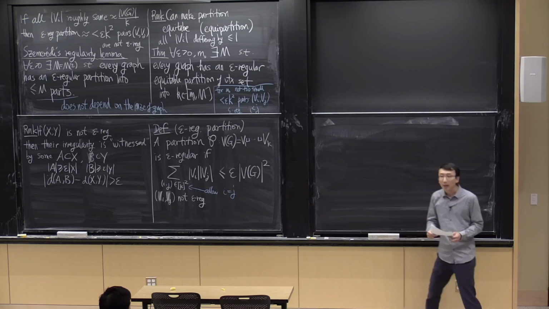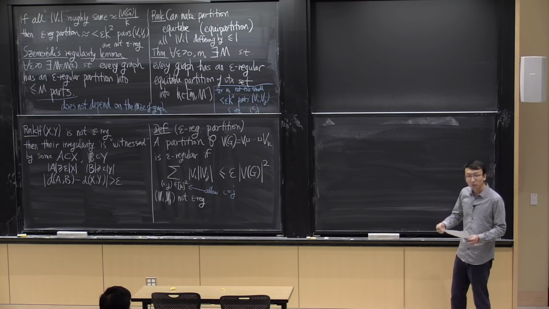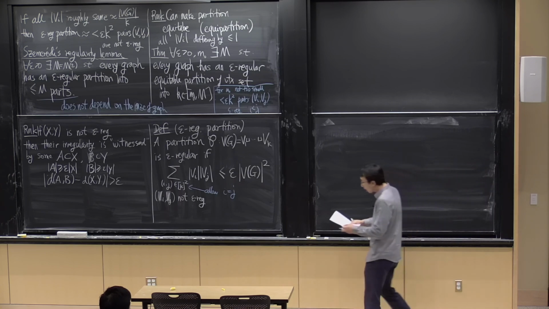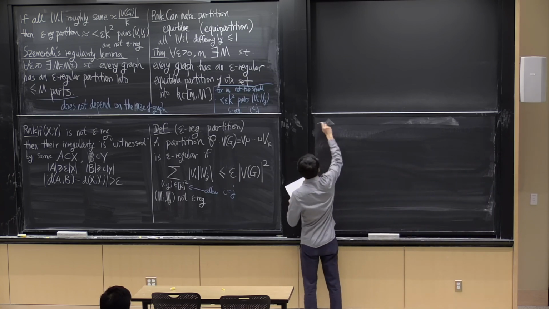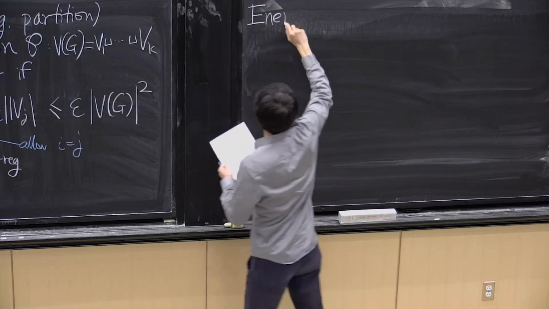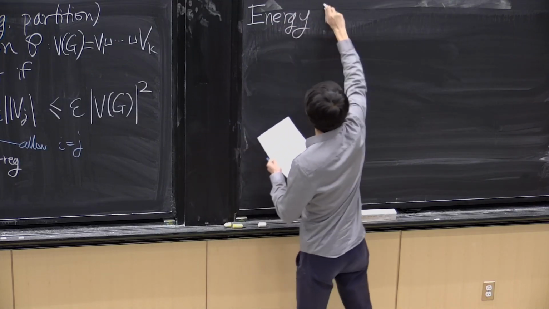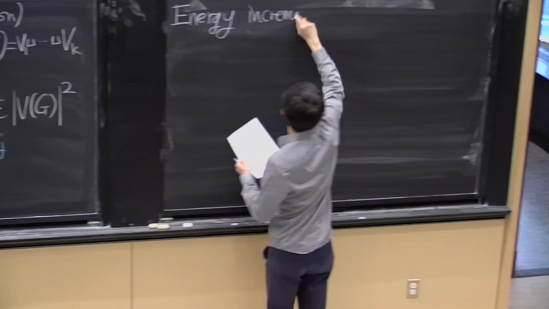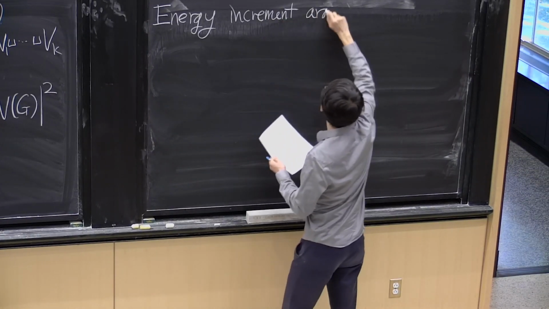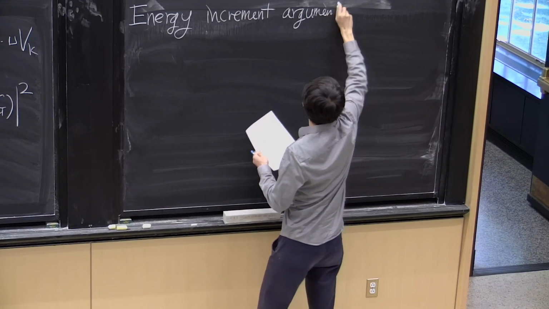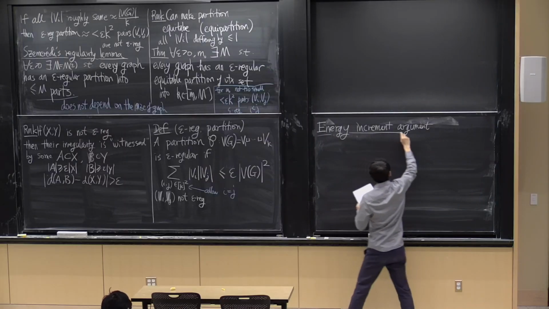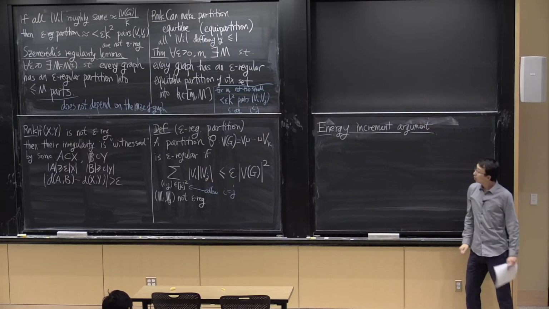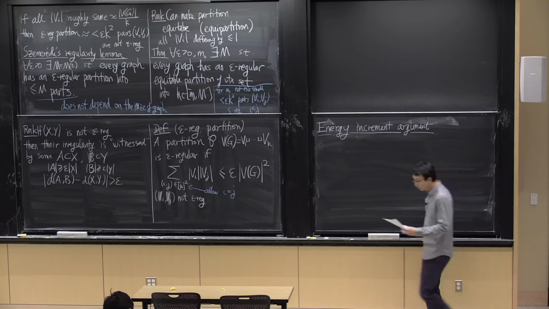I want to explain the idea of the proof of the regularity lemma. This is a very important technique in this area called the energy increment argument. Here's the idea.